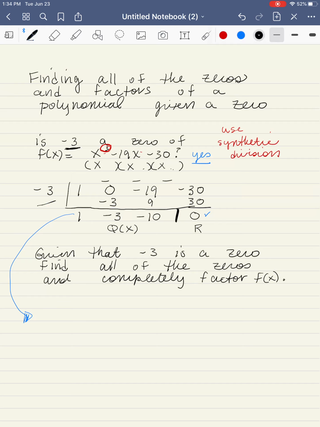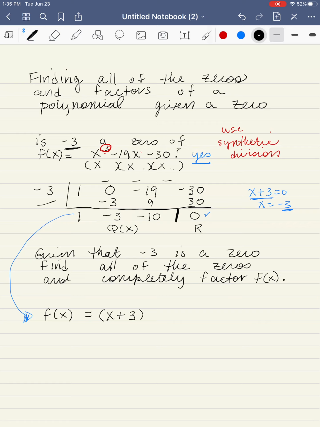So if we look at our result here, what we just did when we did this synthetic division is we divided out the factor that goes with x equals -3. And the factor that goes with the zero, -3, is x plus 3.